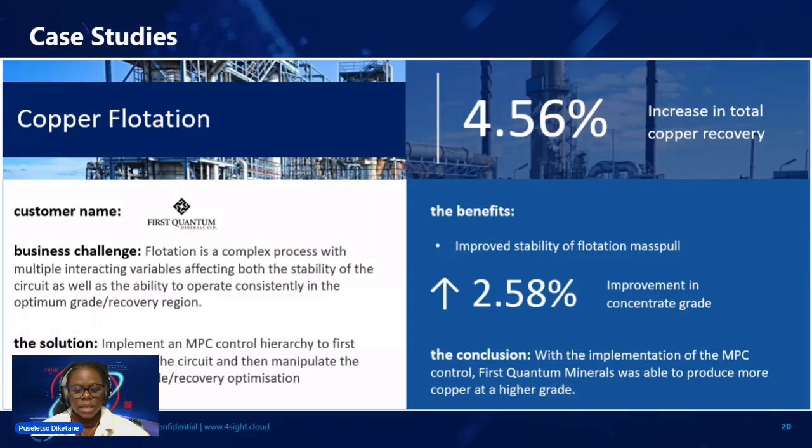As you can see from these numbers, this proves that through the implementation of the APC, First Quantum was able to produce more copper in their process at a much higher and steadier grade.